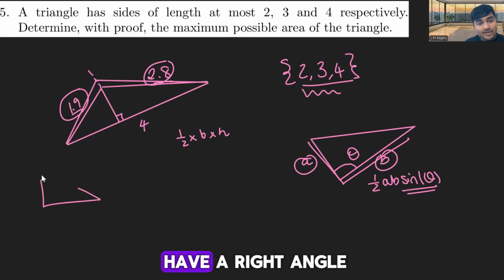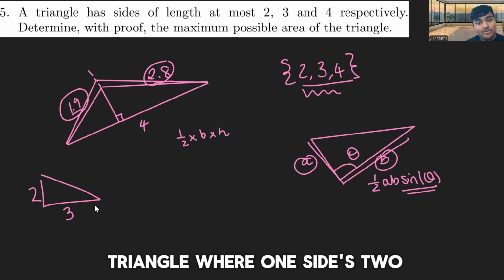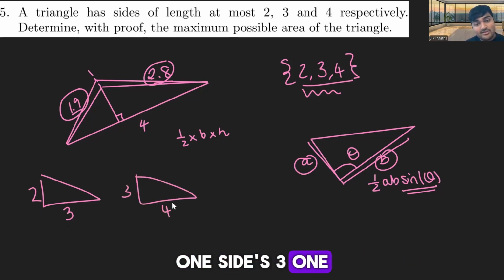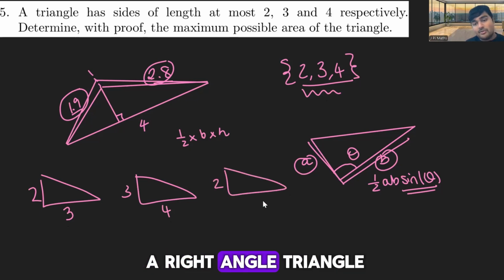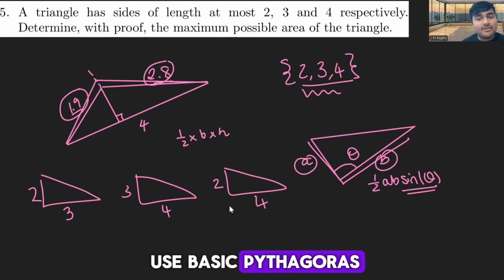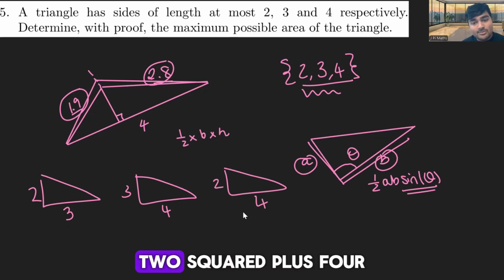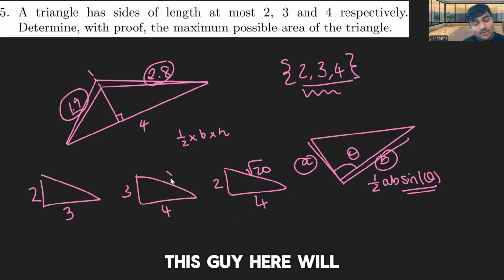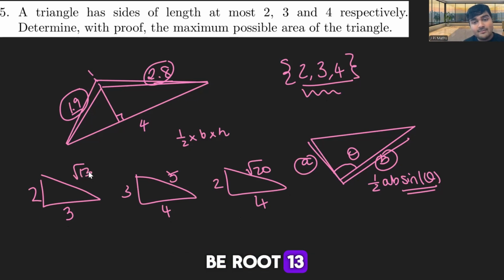So we could have a right angled triangle where one side's 2, one side's 3. We could have one where one side's 3, one side's 4. Or one where one side's 2 and one side's 4. Now we're just going to use basic Pythagoras' theorem. 2 squared plus 4 squared is going to give us 20, so this would be root 20. This guy here would be root 25, which is 5. And this guy here would be root 13.